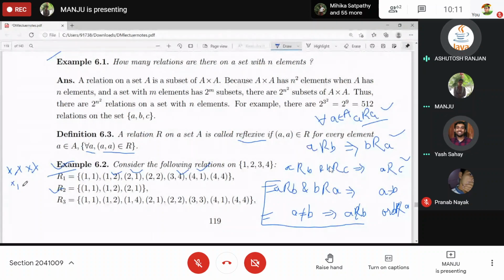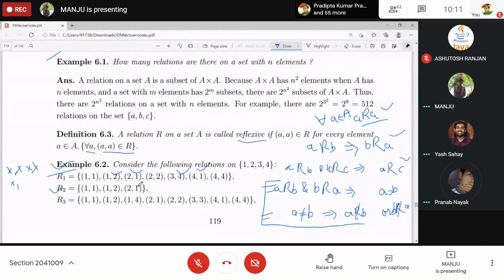Symmetric? It is symmetric because 1, 2 is there. 1, 2 is present, 2, 1 is present, so 1, 1 should be present, and that is present over here, right?